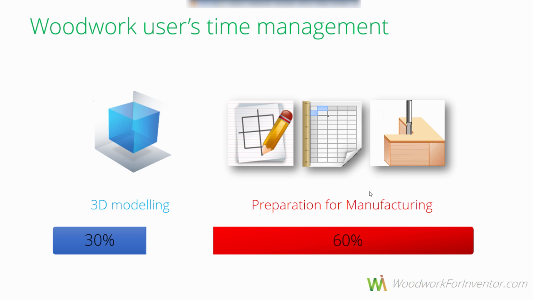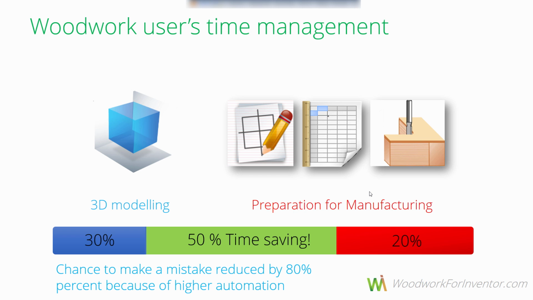It drastically reduces the time for preparation for manufacturing, which is very important, because in most cases it's routine manual work, which is a source of mistakes and errors. In most cases we save about 50% of the time on that. Moreover, because of the higher automation, the chance of making a mistake is reduced by more than 80%, which is also a great thing.